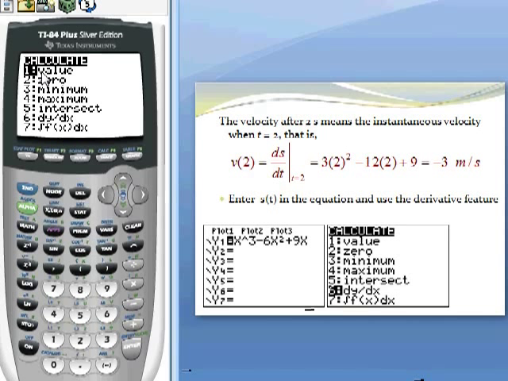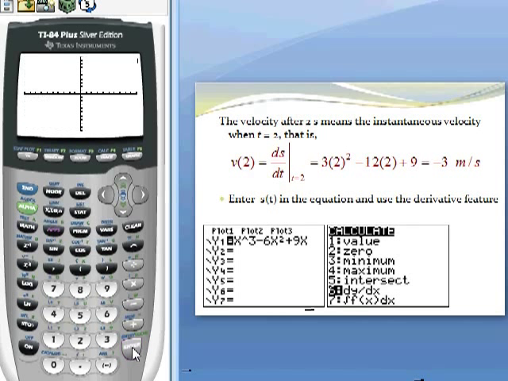This time I'm looking for the value of velocity. Push enter. Now I'm going to see only the velocity at 2. Guess what? It just went there and it showed me where it is, and the value is -3. So you can do it either way, by using the derivative or by taking the derivative by hand and using the value function.